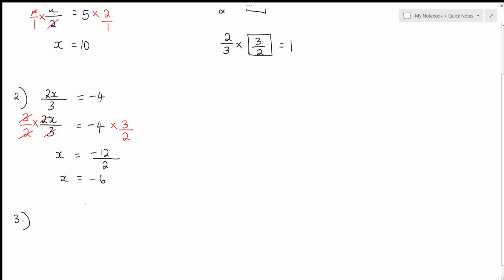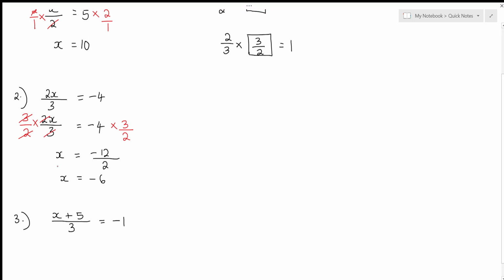Okay, number 3, we have x plus 5 over 3 equal to negative 1. Now here we have a fraction of 3 underneath. Now, in order to get rid of 3, we're going to multiply by its inverse.